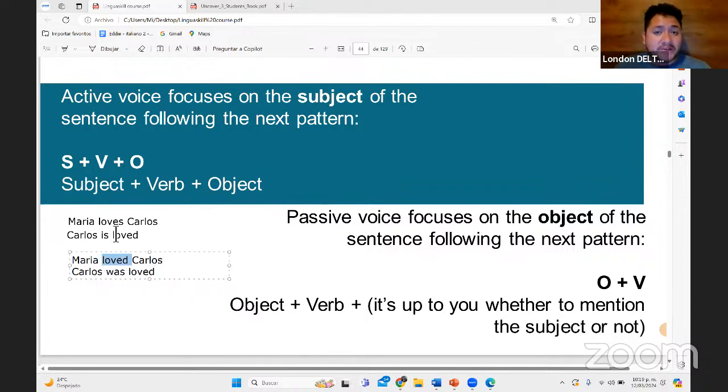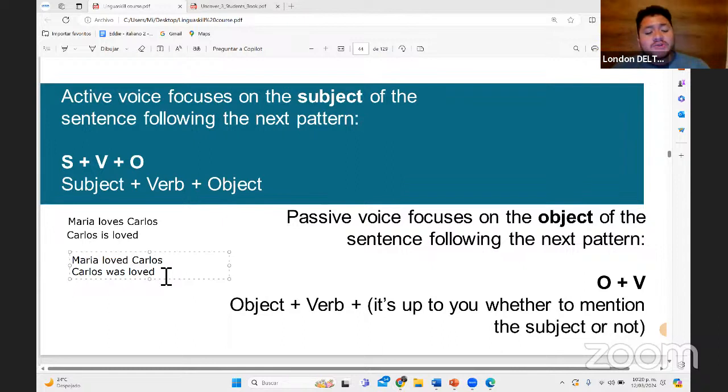If you have present, the verb to be is in present. If you have a sentence in past and you want to write it in passive voice, so the verb to be is in past. If we have future, so the verb to be is in future. If we have present continuous, the verb to be is in present continuous, and so on.